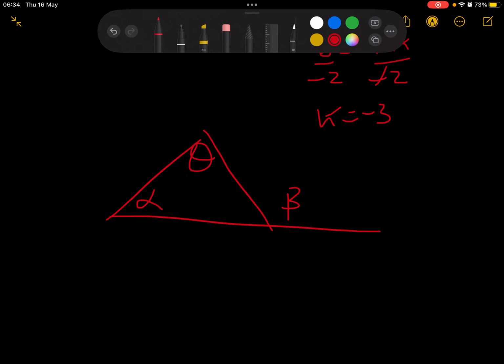What do you know about a triangle like this? We know that theta plus alpha gives us beta because of the exterior angle of a triangle. So keep that in mind.